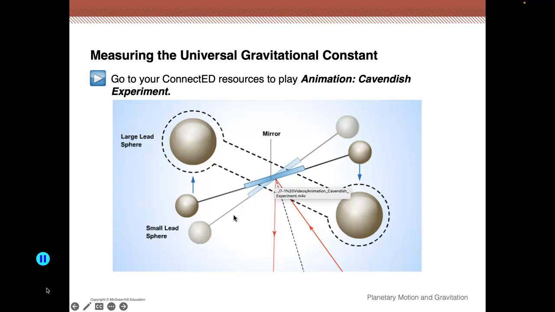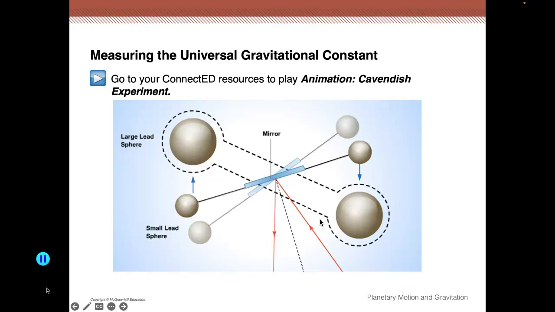But how it worked is they had this rod that was suspended by a string, and it sat in a bracket where it was allowed to move horizontally.